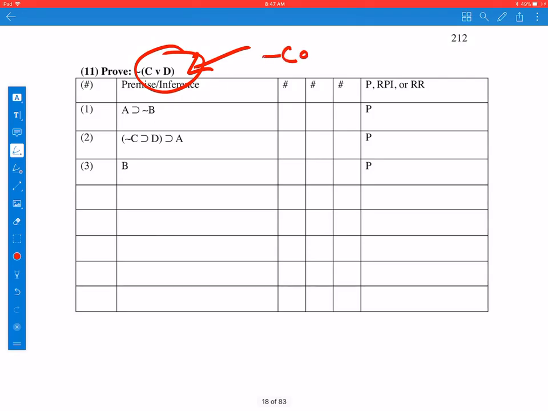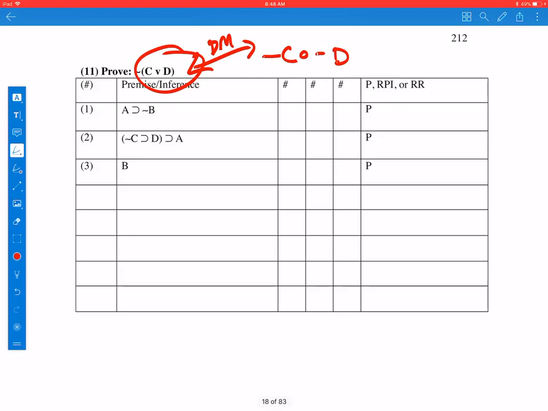So not bracket C or D is equal to not C and not D. Okay, so I can either go directly for the conclusion, or I can go for this and get back to the actual conclusion by De Morgan's.